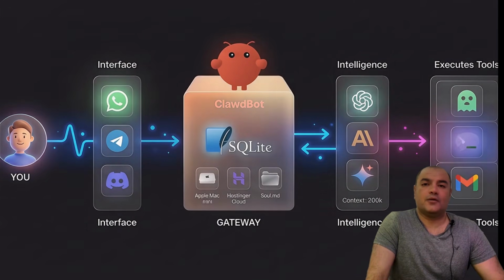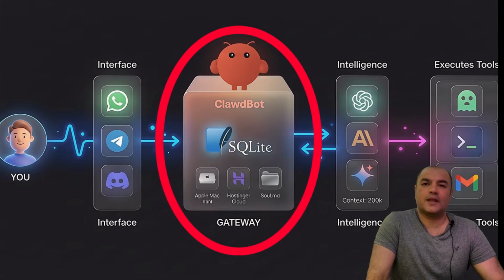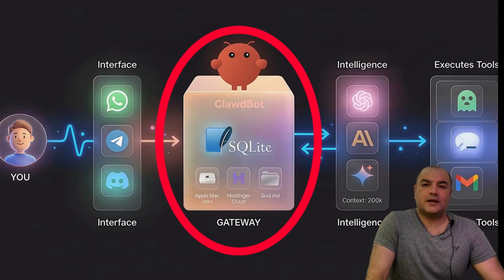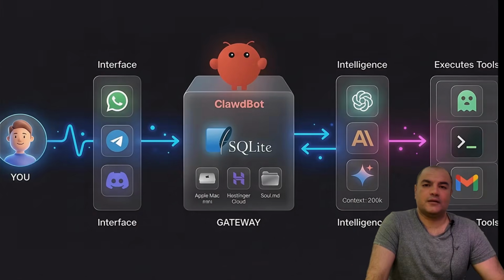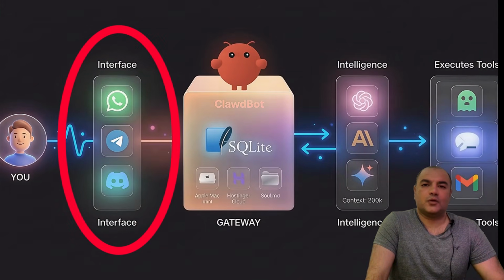There are 3 vulnerability zones in this system. Security Zone 1, the gateway itself, port 18789. If someone can reach this port, they can potentially control your bot. And I'll tell you right now, security researchers found over 30,000 OpenClaw instances exposed to the public internet with 0 authentication. Don't be one of them. Security Zone 2, the channels, your Telegram, your WhatsApp.